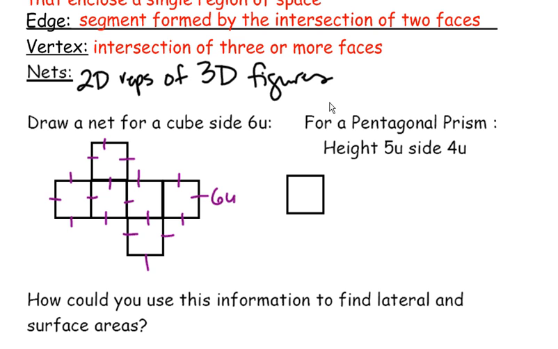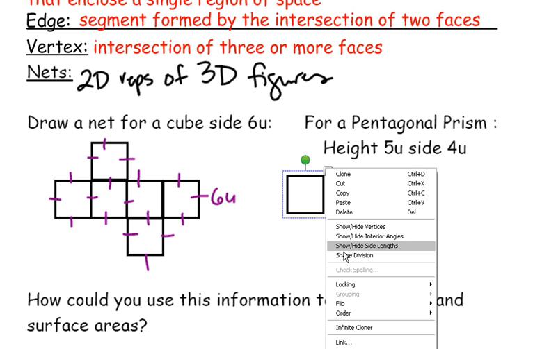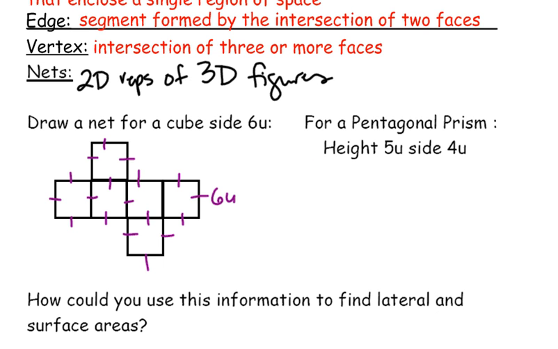And these can be, you know what, let's do it with a rectangle this time. All right, so you can see that the lateral faces can be rectangles as well. All right, so there's one, and then I need to duplicate that.